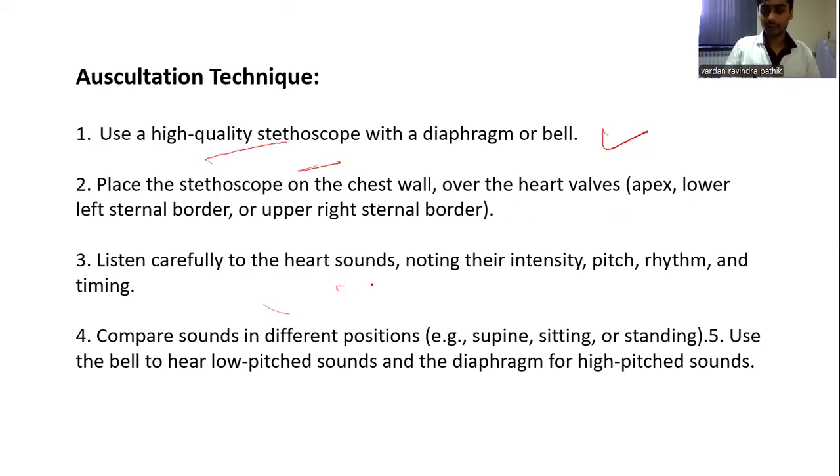Listen carefully to the heart sound, noting it, because as I mentioned, this is a very crucial skill and you need very close listening, right? And the fourth point is sound in different positions. You can hear this sound in supine position, sitting, or standing. Use the bell to hear low pitch sound and the diaphragm for high pitch sound, right?